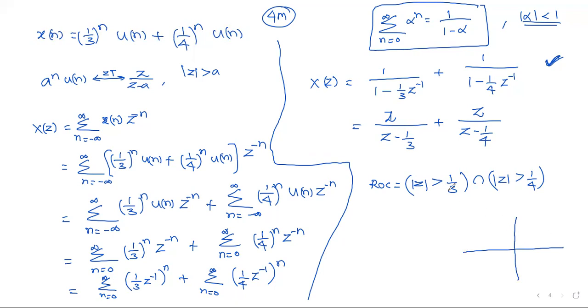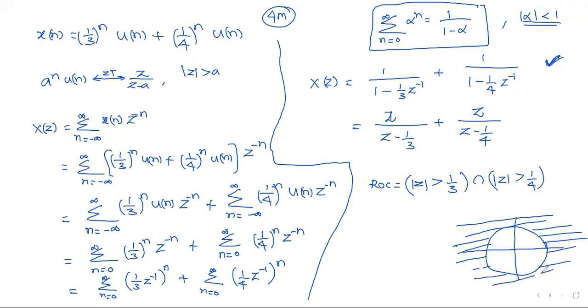The radius is 1/3. 1/3 is nothing but 0.333, so let me take 0.3 radius here. So mod z is greater than 1/3, that means outside the circle.